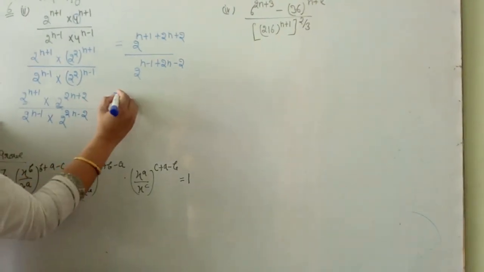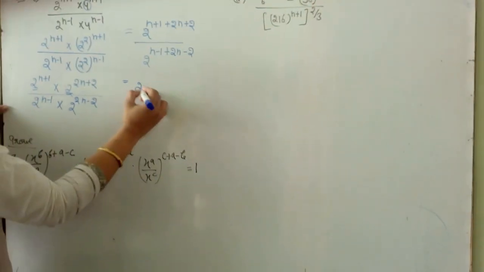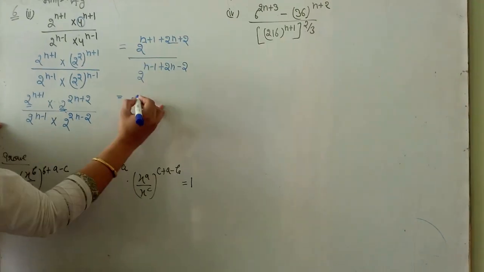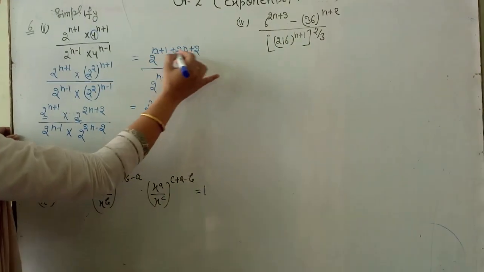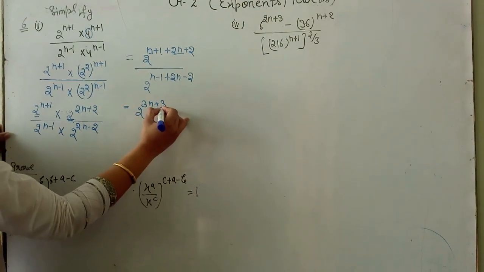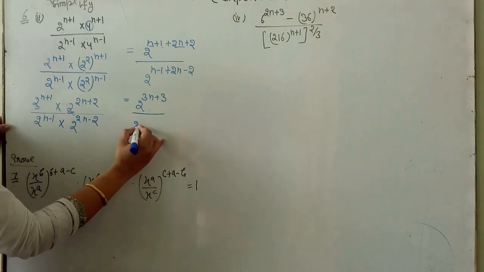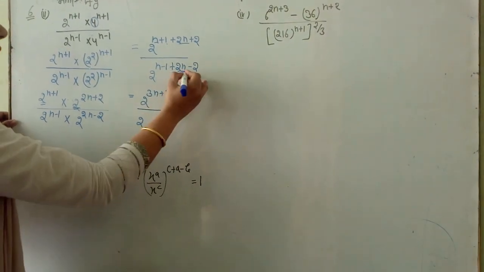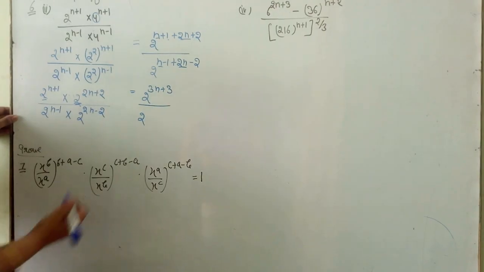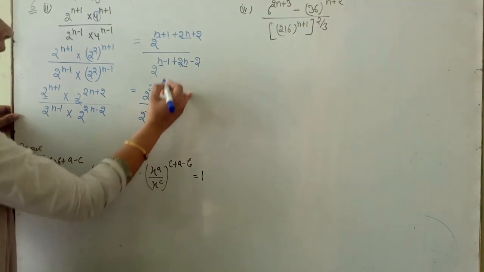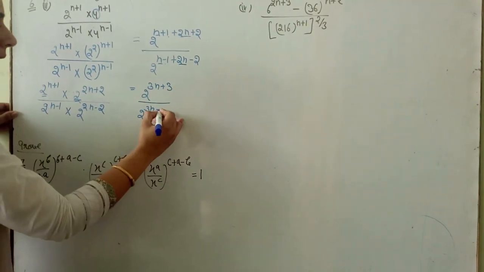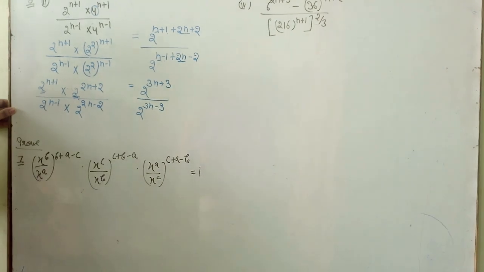Clear? Again 2 raised to the power 2n plus n, 3n, 1 plus 2 plus 3. Same, divided by 2 raised to the power 2n plus n, 3n, minus 1 minus 2, then minus 3. Clear?